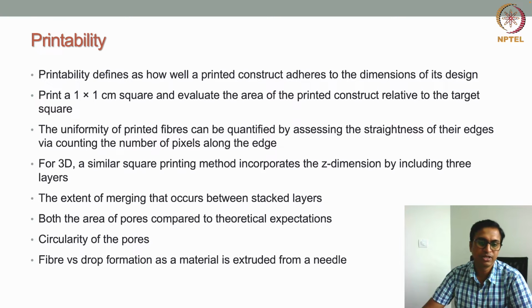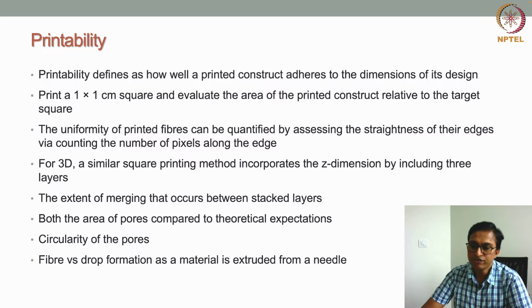That means you cannot print a very good structure, or the print fidelity would not be that great. As we have discussed in our earlier lectures, printing fidelity defines whether your printed structure adheres to the dimensions of the design.